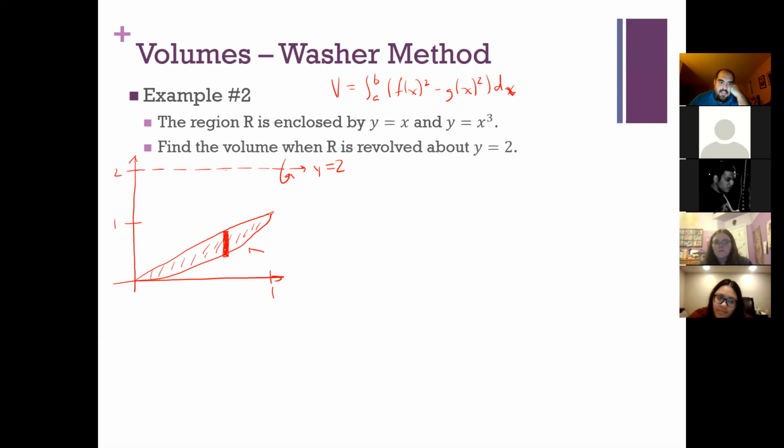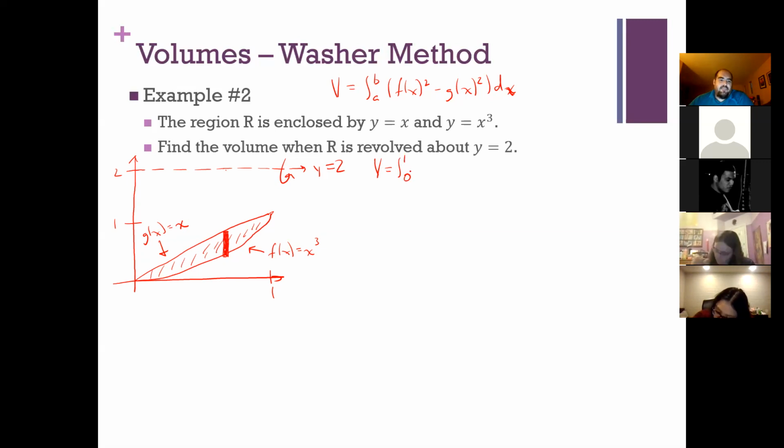So in this case, I will call f of x equal to x cubed and g of x equal to x. All right, so now we need to figure out, and I'm going to go ahead and rewrite this one more time. So I'm going to just put the limits of integration in as 0, 1.